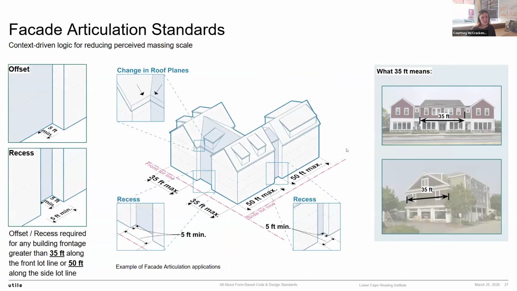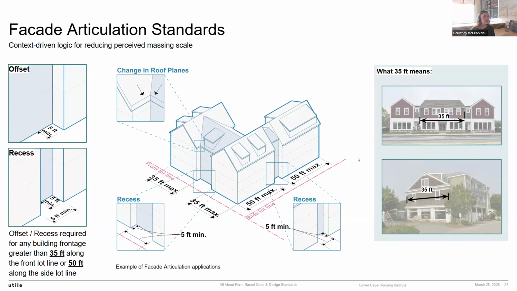And then the facade articulation standards, this is something that we have for most form-based code projects that we do, and Loren will get into this a bit for Orleans, where after a certain length of a facade, you have to create a break where it's either an offset or a recess. So again, these were numbers that we had taken from inspiration from existing Provincetown buildings that we felt were great examples of these.